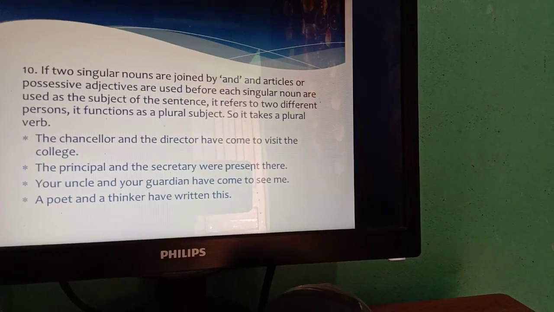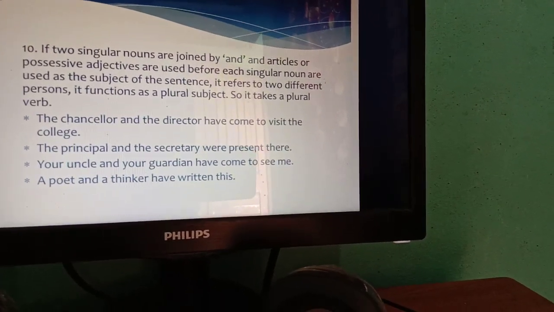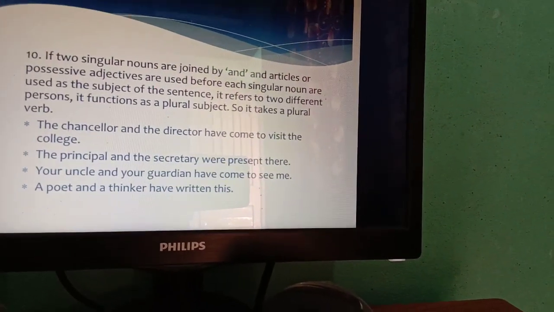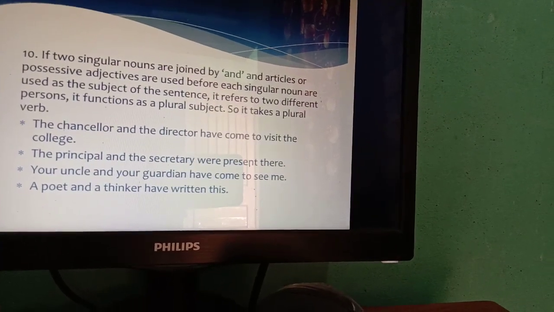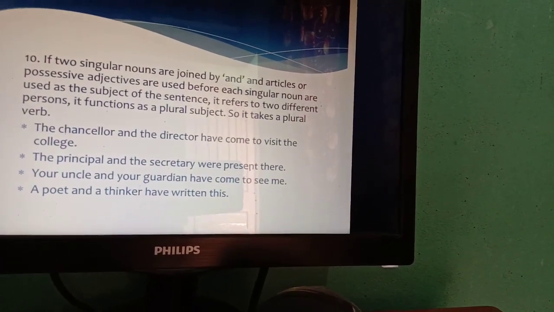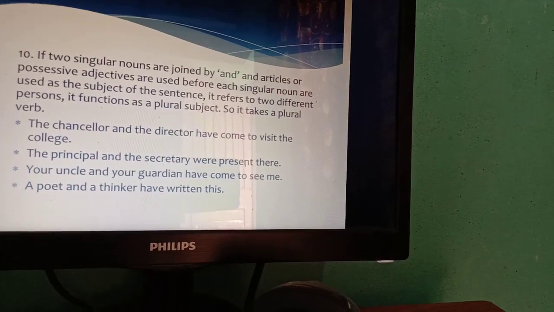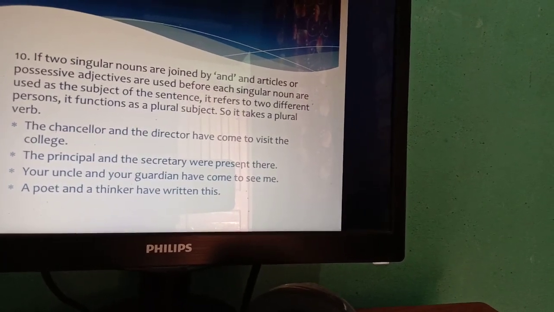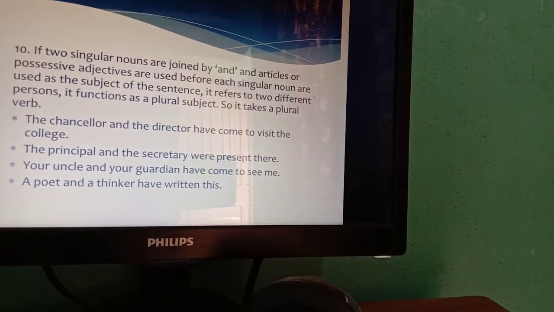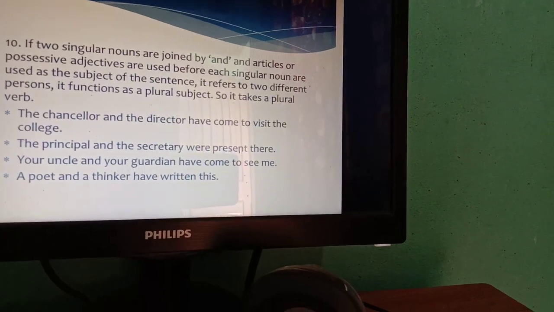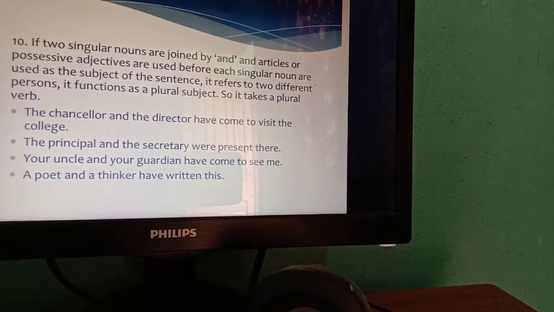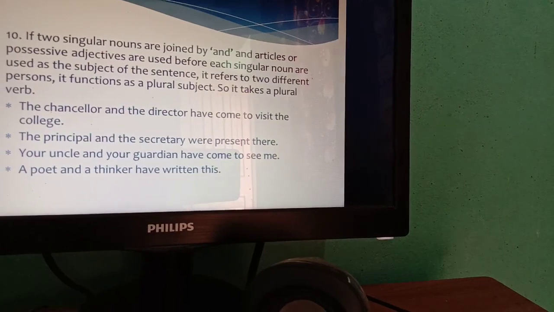So once again, don't be confused between rule number 9 and rule number 10, because rule 9 was telling that two singular nouns are joined by "and" and preceded by an article or possessive adjective, but it will be used in the first singular noun, not in the second.